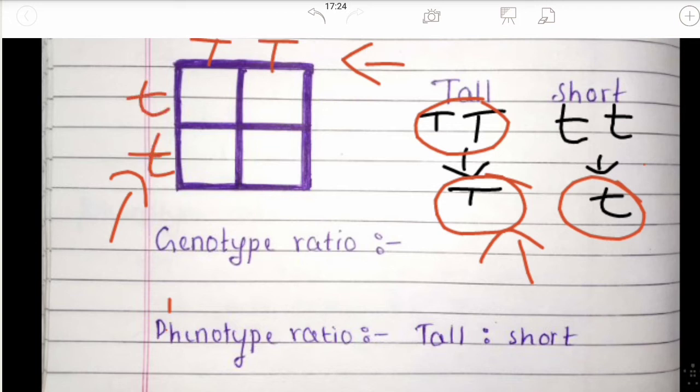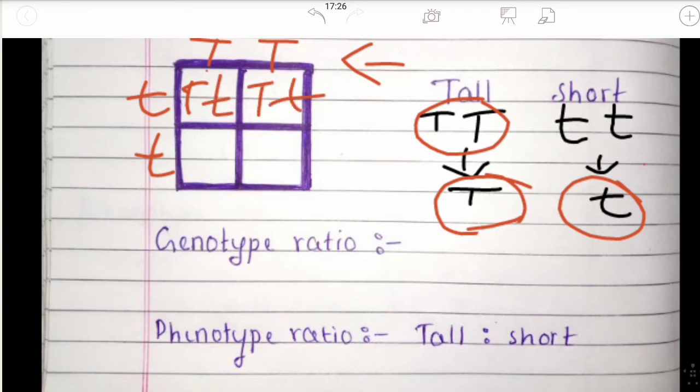Now let's do the cross. Cross capital T and small t, you get capital T, small t. Similarly, all the way to the last one, which is also capital T, small t. So we have got the same capital T, small t in all four boxes.